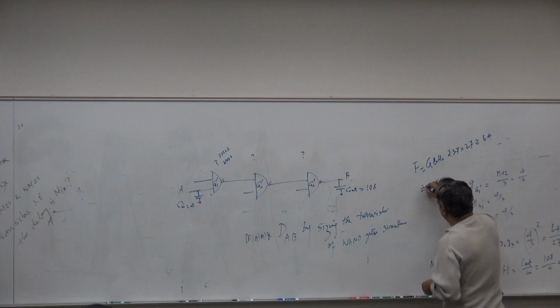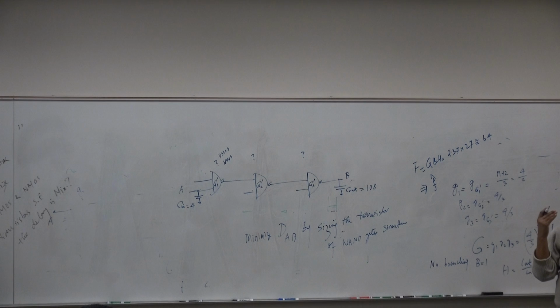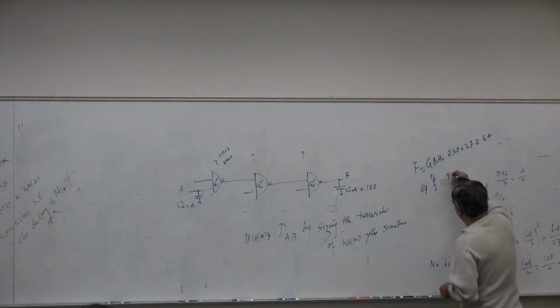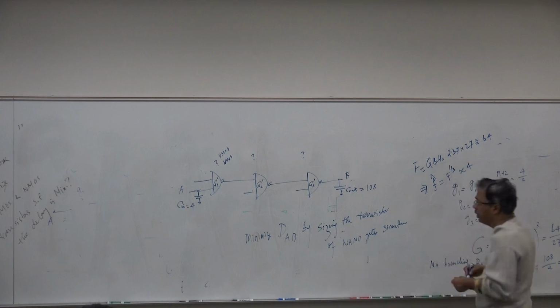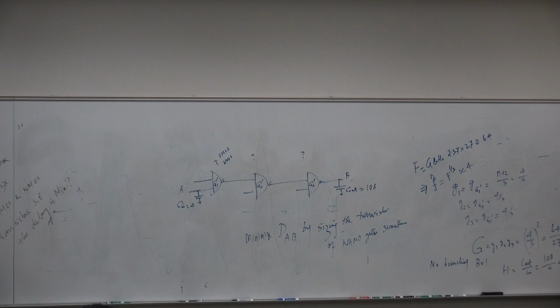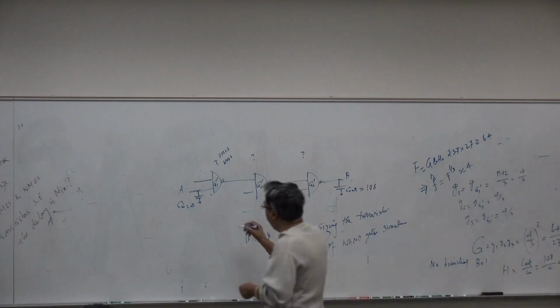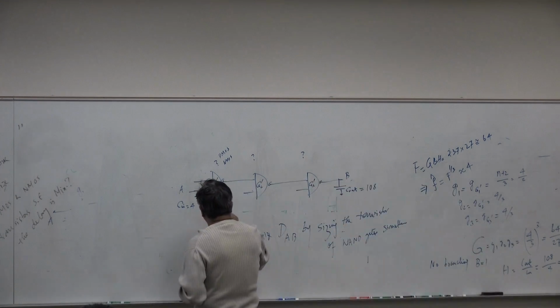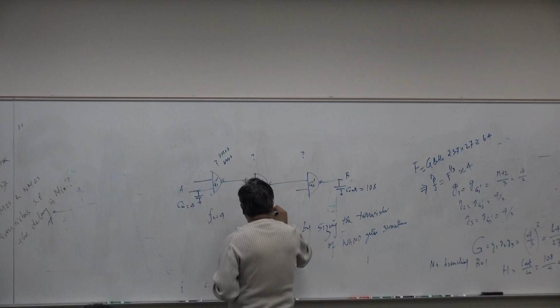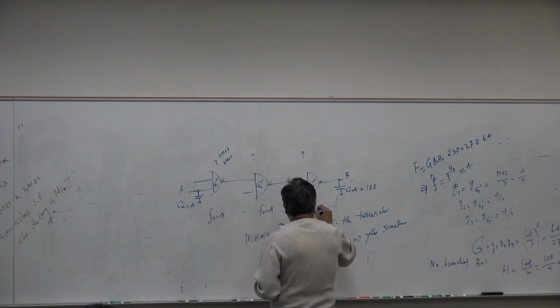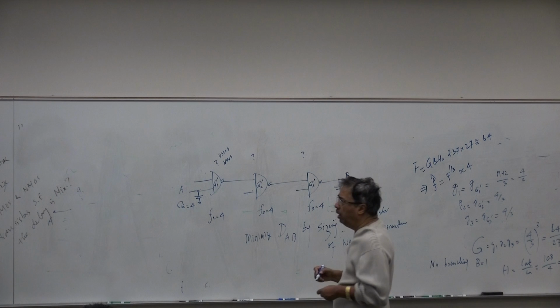Which means that the optimal value of path effort per stage is given by F to the power 1/3, which is equal to 4. So each stage has to have a path effort of 4. F1 should be equal to 4, F2 should be equal to 4, F3 should be equal to 4.